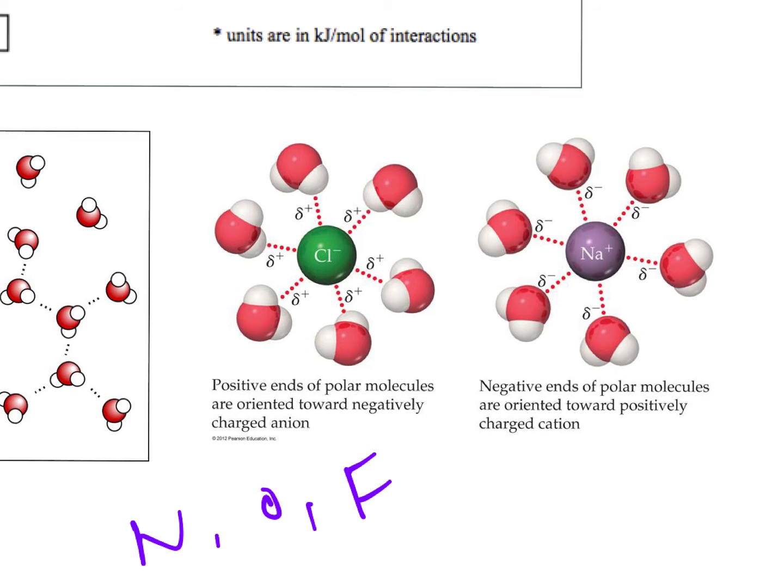I guess solvation is kind of cool, actually, so we'll take a good look at this. So take a look at the way that the water molecules, that's what these are, oriented around the chloride ion. And then compare that to the way the water molecules are oriented around the sodium ion. Let's take a look real quick.